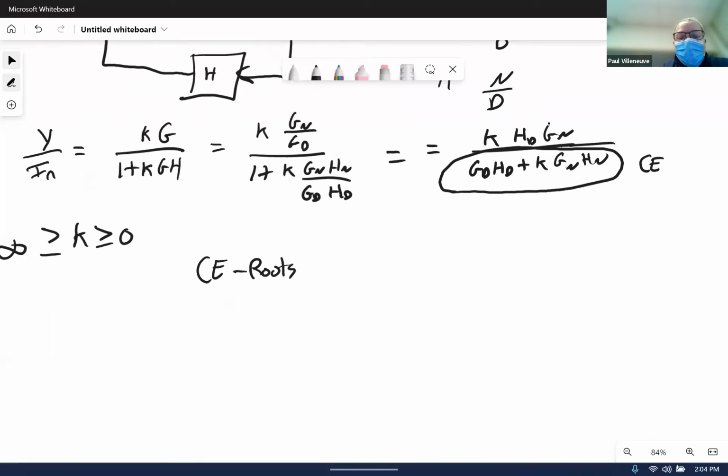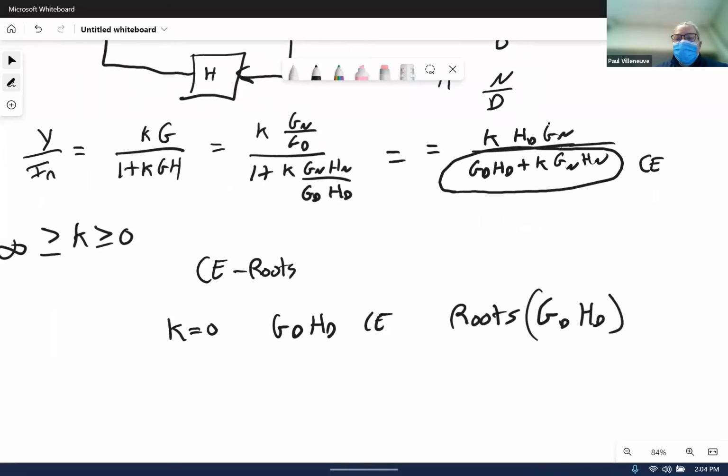We'll look at K equal to 0. So when K is equal to 0, we have GD HD as our characteristic equation, and we need the roots of GD and HD, correct? Well, these are the original poles of our system, because these are the denominator terms.